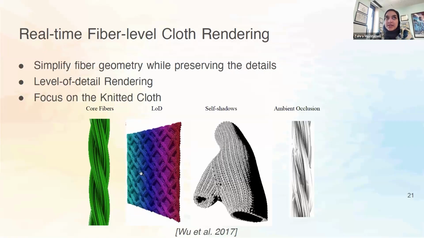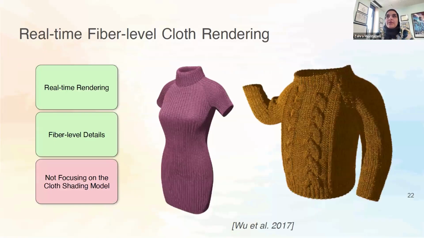This allows some detail, because technically you can see all these fibers, but the focus was only on knitted cloth and knitted fabrics, and they don't do any shading model. Technically, it's all about geometry, and although it's real time, they allow fiber details, but they don't propose anything on the shading side.